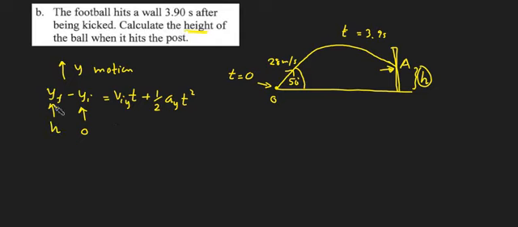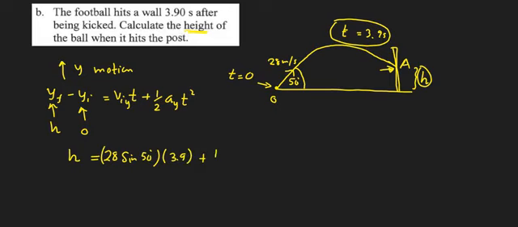I can simplify the left hand side simply as h equals v initial in the y direction, which we know is 28 sine 50 degrees, times the time, 3.9 seconds, plus 1/2 a_y, the acceleration due to gravity, which in the y direction has a numerical value of minus 9.8, times 3.9 squared.